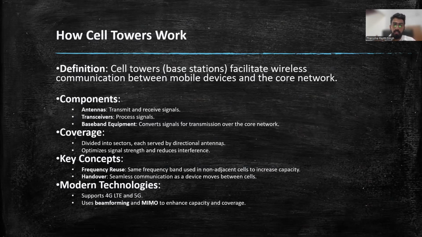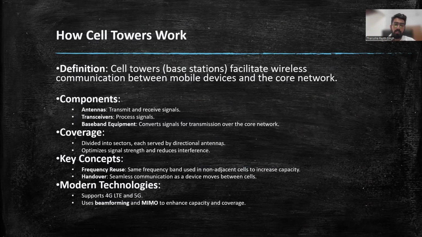Then the tower transceivers receive the signal, process it, and forward it to the baseband unit. The baseband unit converts that signal into a format suitable for transmission over the core network, which routes the signal to its destination.